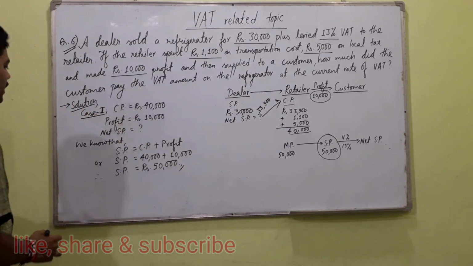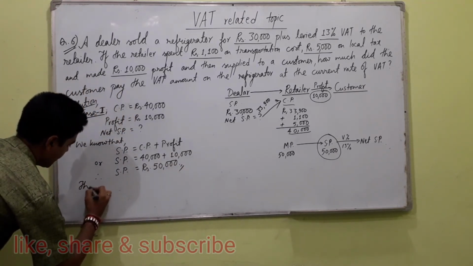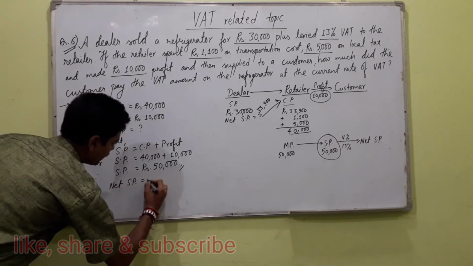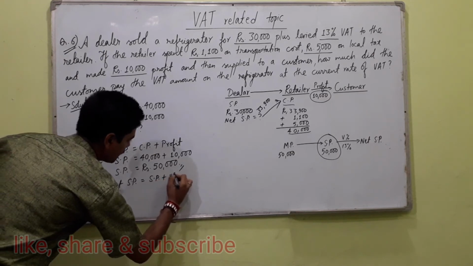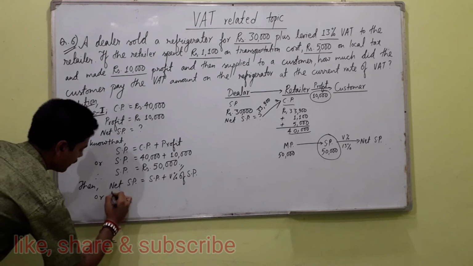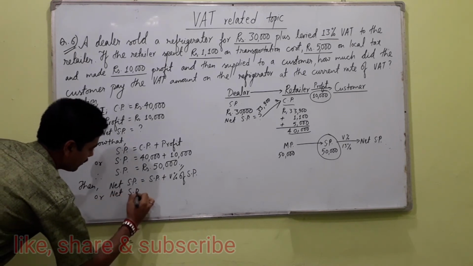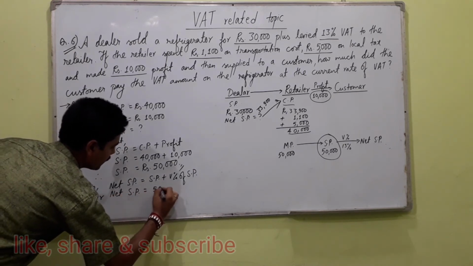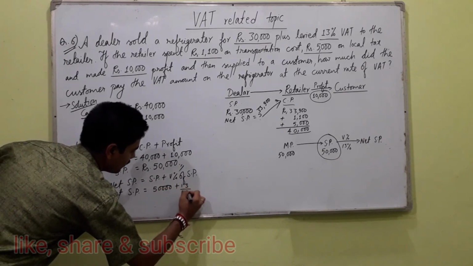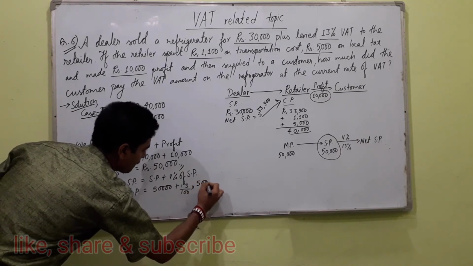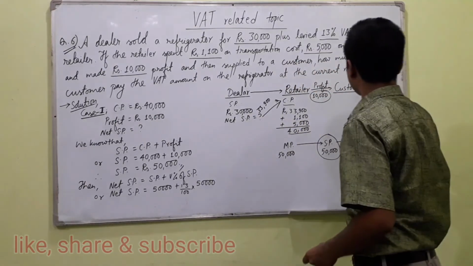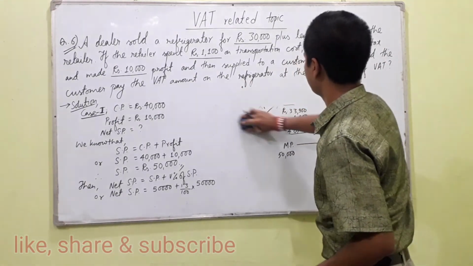After we got the selling price, we then finally need the net selling price, that is selling price plus VAT percent of selling price, or net selling price is equal to 50,000 plus 13%, means 13 by 100 into 50,000. Now we no more need the timeline here, we can erase it.